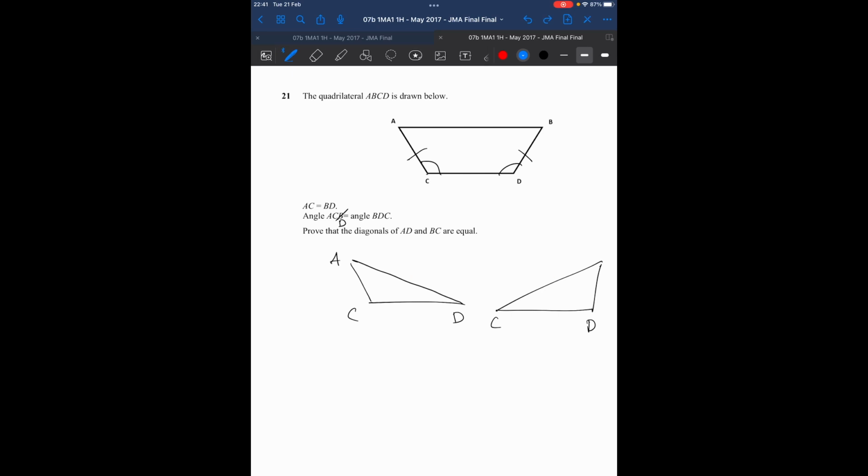Well, now I've got triangles, maybe an idea comes to mind. I could prove that they are congruent triangles. In other words, they are the same triangle. Because if I can prove that they're congruent triangles, then these must be the same. So if I put on the information I know first of all, those sides are the same, and this angle is the same. So is there anything else that I know about them?